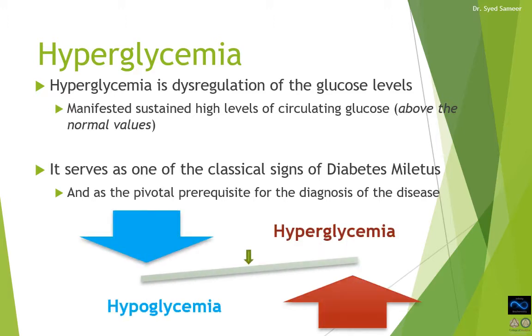The dysregulation is actually from the normal values, and if it goes down it's called hypoglycemia, while in diabetes mellitus the glucose level in the serum goes above the normal level, so it will be referred to as hyperglycemia, increase in the glucose levels.